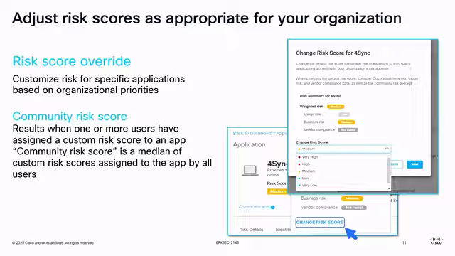So that's one aspect. The second aspect is you now also have the ability to view what we call the CSR, or community risk score. So if you have 10 admins in your console that have access to this portion of the dashboard, and they're going in and adjusting risk over time, you will see an aggregate score which is essentially a median score of all of those admins changing the risk over time.